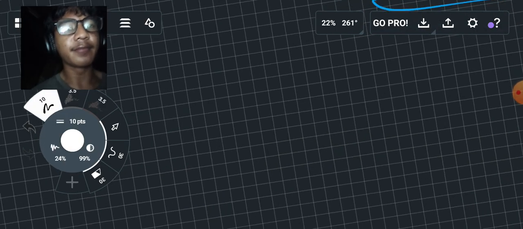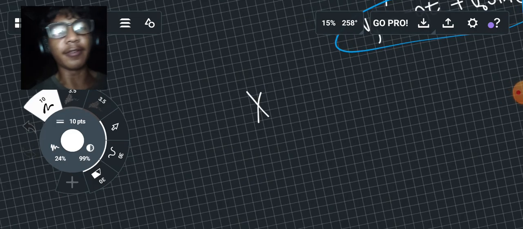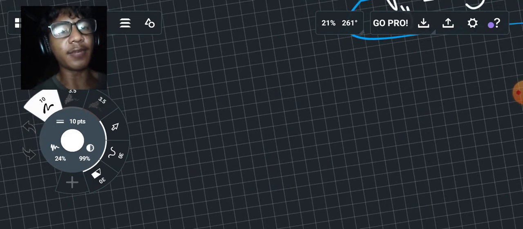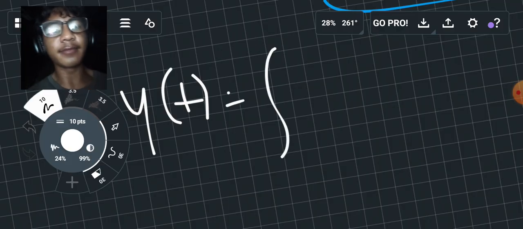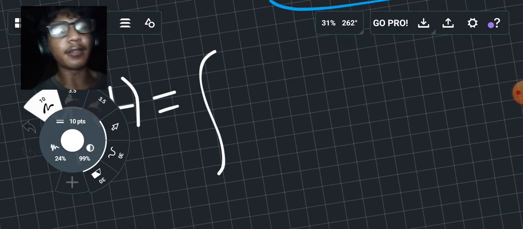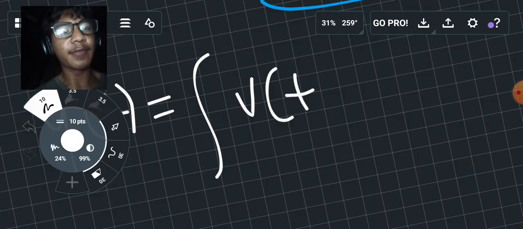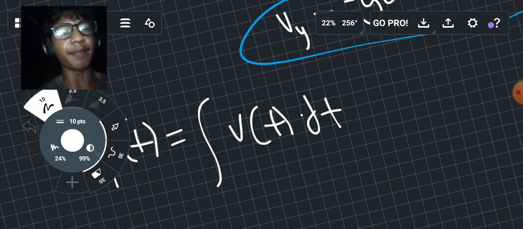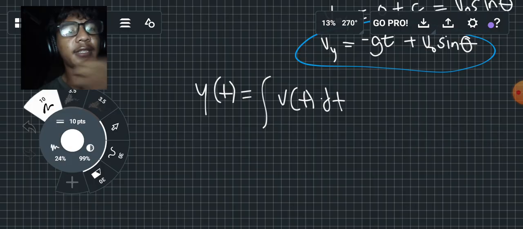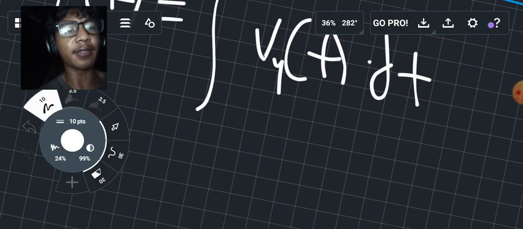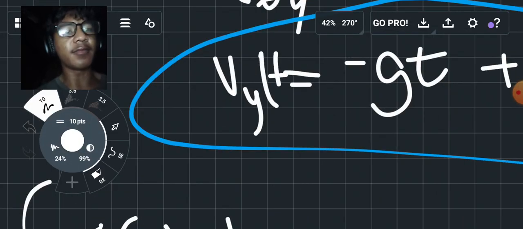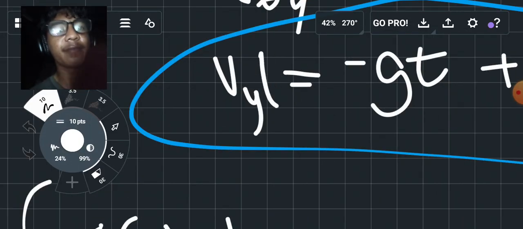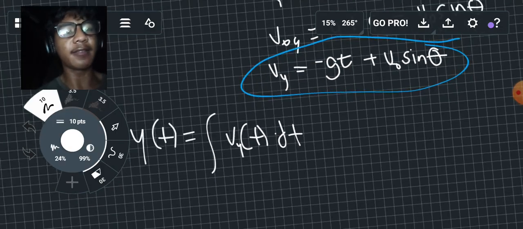So y of t is the integral of the velocity function with respect to time, the vy of t. This is understood to be a function of time. I just didn't write it.